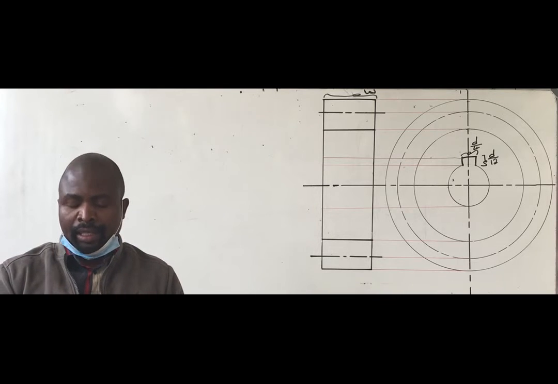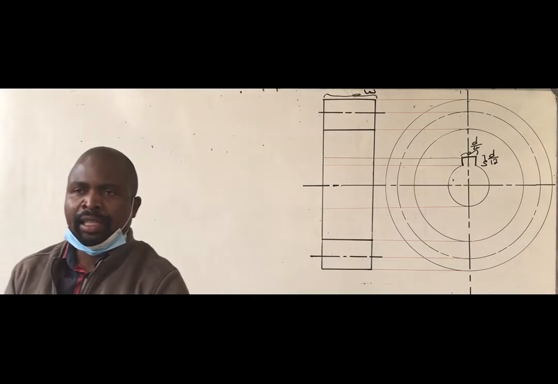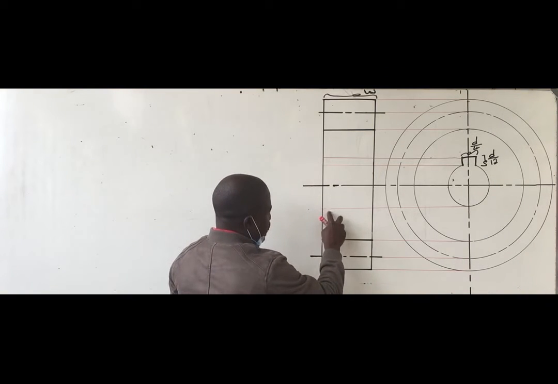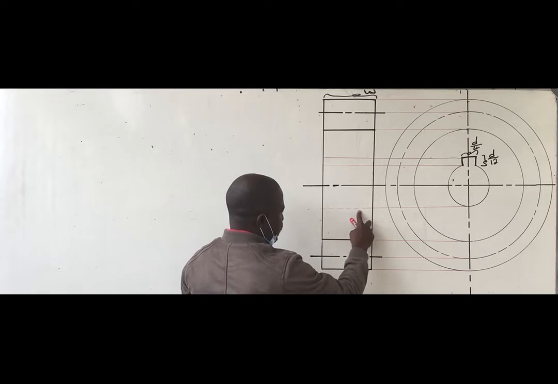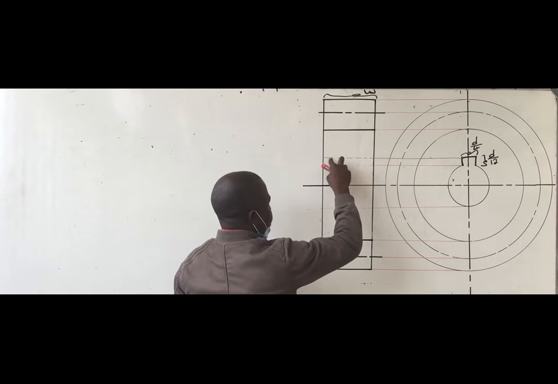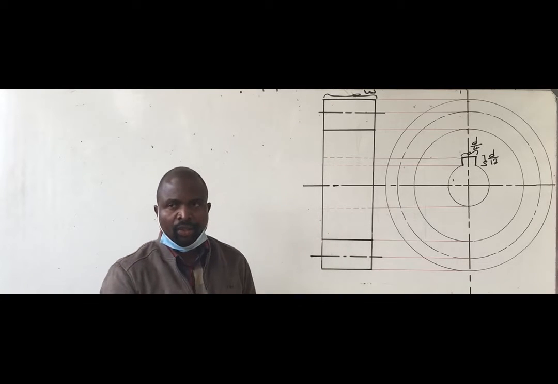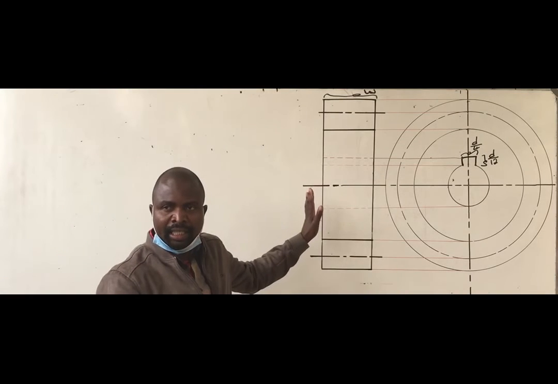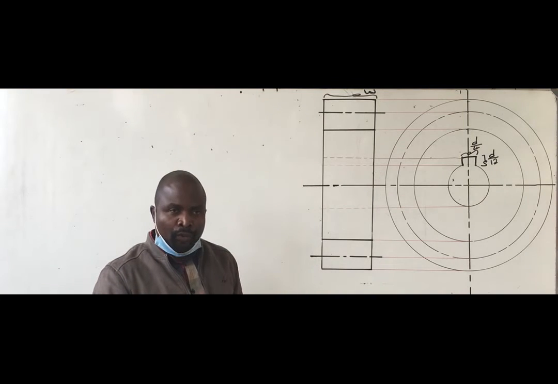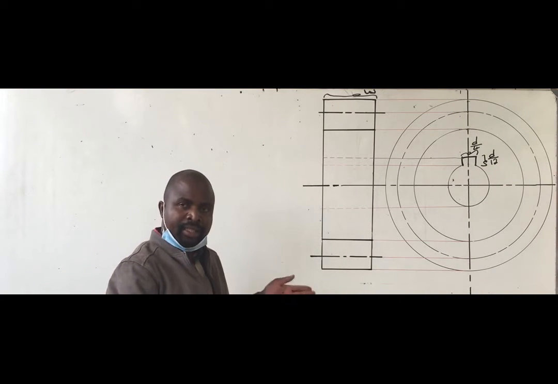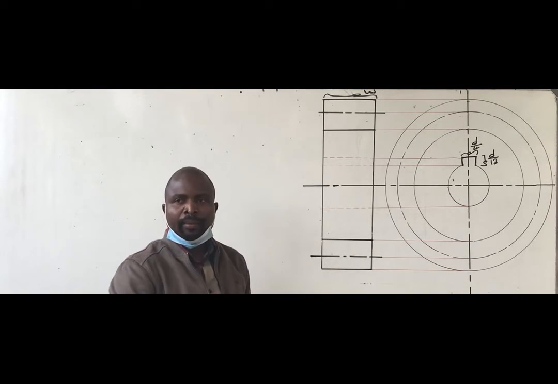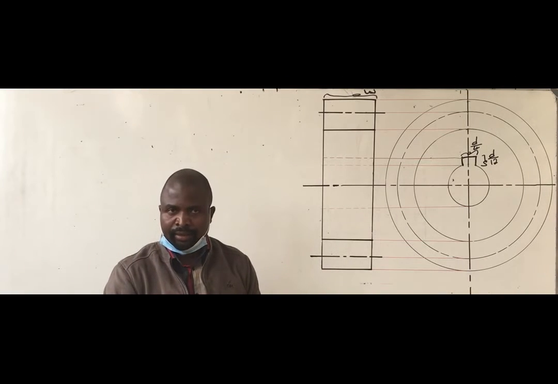Whenever the question does not want you to section, it means this line must be dash line. If the question does not want you to section, you understand? So you are done in that manner. You must leave this one as a dash line.